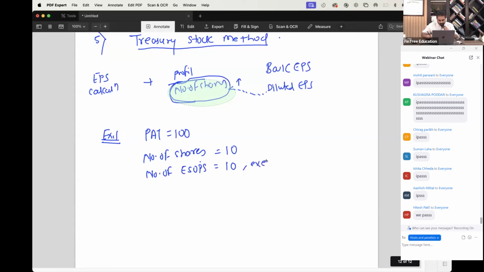The exercise price of these options is, let us say, 80. Average market price during the year is 100. Now, only based on this information, we have to calculate basic EPS and we have to calculate diluted EPS. I'm going to do this for you.